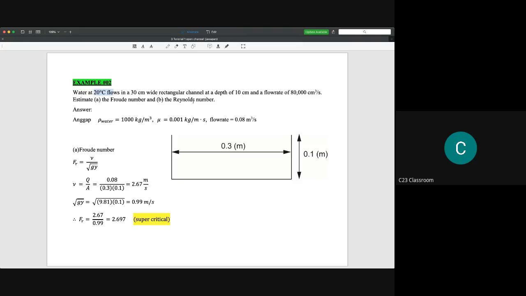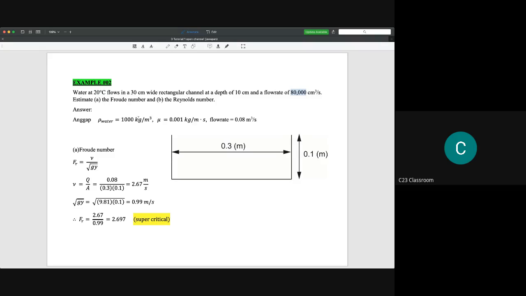I hope you still remember the common value for the density of water, which is 1000 kilogram per meter cubed, and the dynamic viscosity of water, which is 0.001 kilogram per meter second. If you convert this flow rate, it becomes 0.08 meter cubed per second.